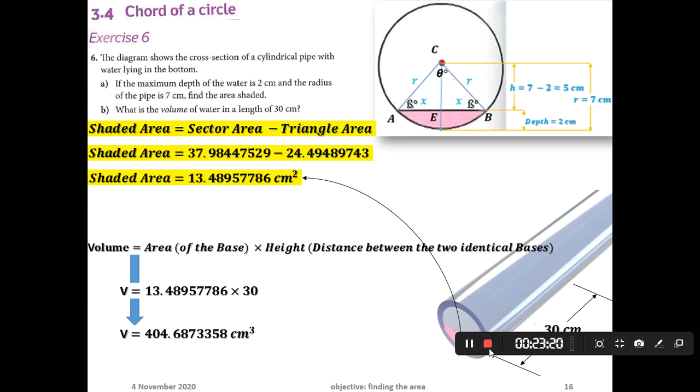How did we find the area of a triangle using half times side 1 times side 2 times sine the angle between the two sides? And how we find the area of the sector using the formula theta over 360 times pi r squared? And at last, how we use the formula of finding the volume of any 3D object, which is area of the base times the height or the vertical distance between the two identical opposite bases.